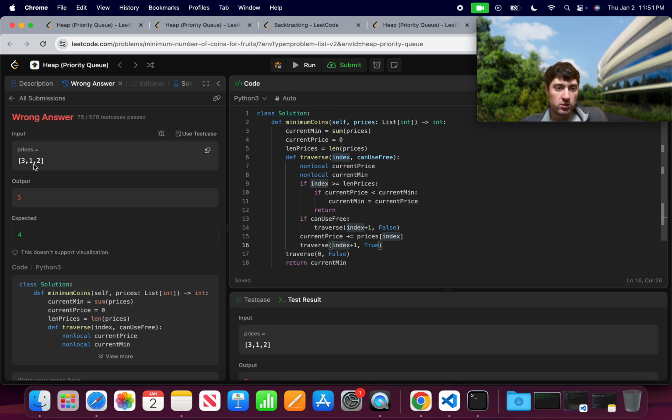Now I'm at index 1. Okay, I come here. That doesn't hit. Can use free. Yep. So I'm going to come here and I'm going to try to use it for free.